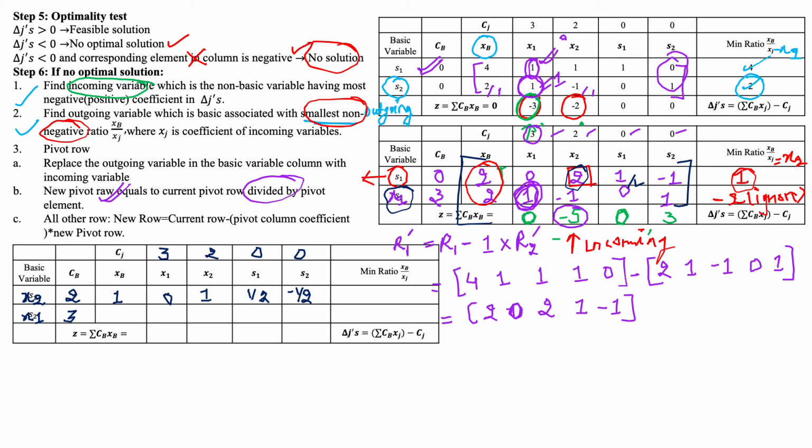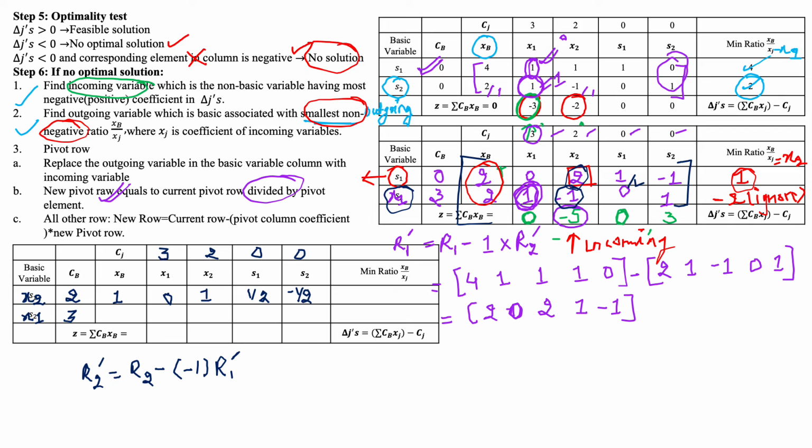Okay, now what about other rows? For other rows, how will I get them? New R2 dash I will get from older R2 minus pivot column element. What is it? Minus 1. So minus into minus 1 will become plus, multiplied with R1 new.